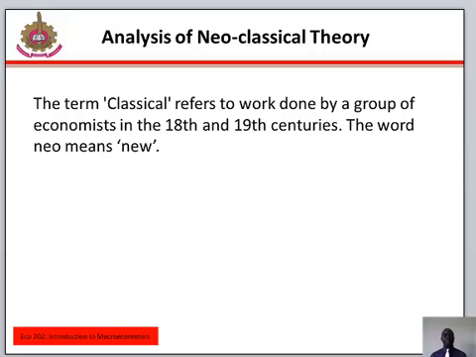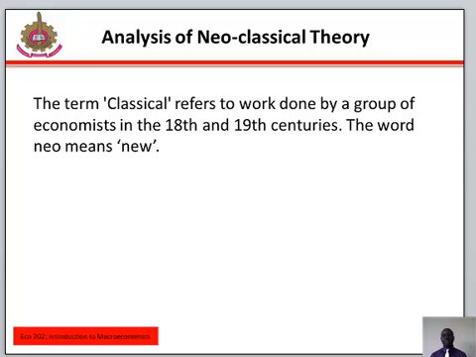Analysis of neoclassical theory. The term classical refers to work done by a group of economists in the 18th and 19th century. Much of this work was developing theory about the way markets and market economies work. Much of this work has subsequently been updated by modern economists, and they are generally termed neoclassical economists.